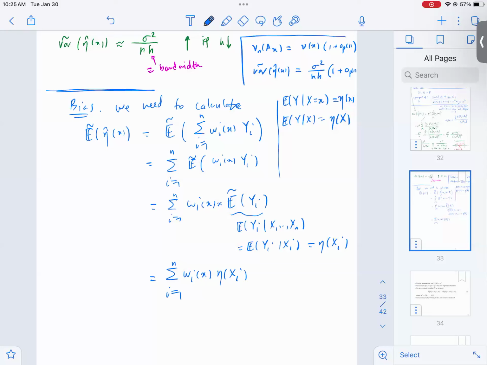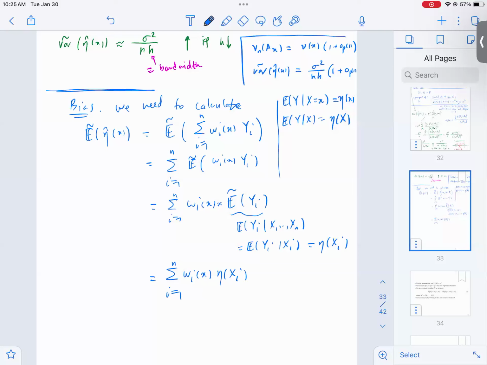You're not evaluating at that particular x, you're averaging over everything. You're not going to see this particular x value in the training data. You're going to see x_i's and average over them. The closer they are to x, the better.